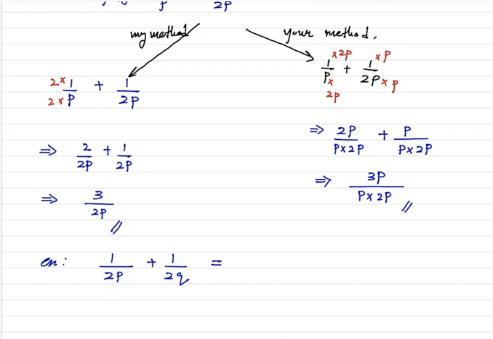Simple methodology. If you look into this, you have a number and you have a letter, right? To make it common, compare number to number and letter to letter. Number 2. Do you have number 2 here? Yes, right? So you don't have to worry.